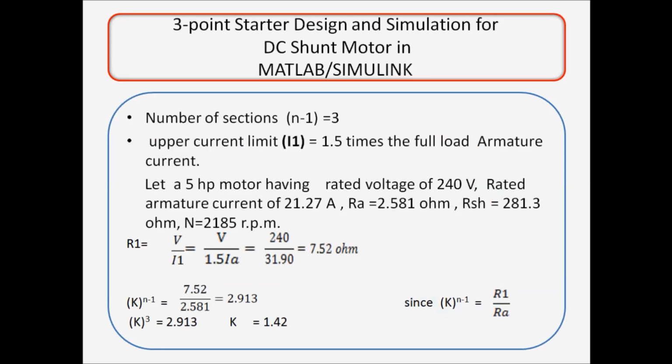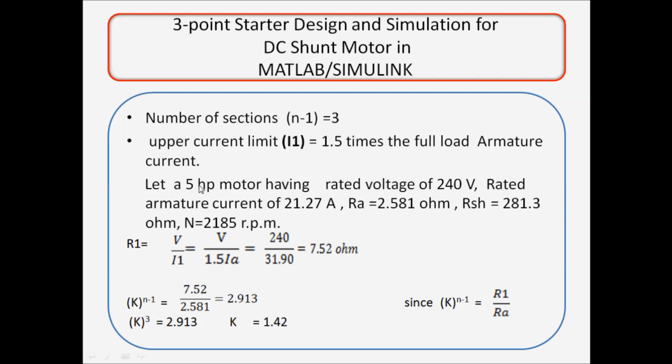Already I mentioned there are 2 ways to calculate the step resistors. Here I am using the first way, that is, the number of sections and the upper limit current are given. Here the number of sections is 3 and the upper current limit is 1.5 times the full load armature current.